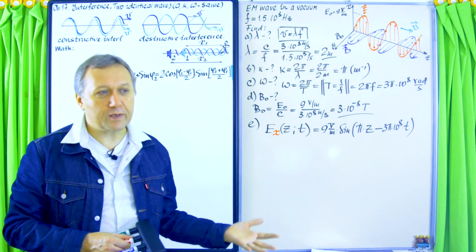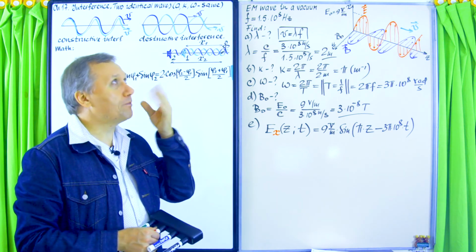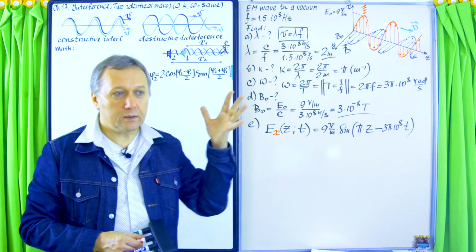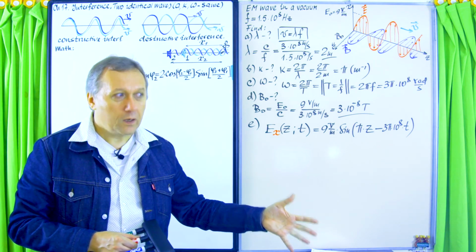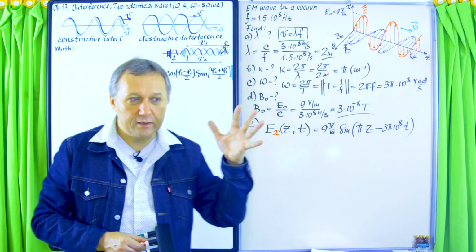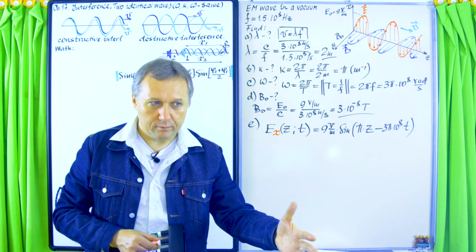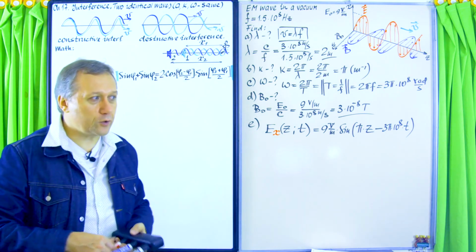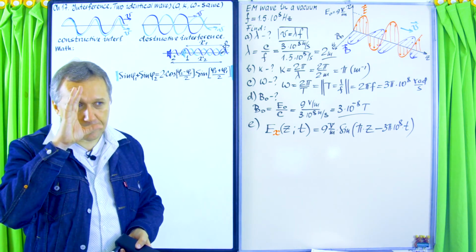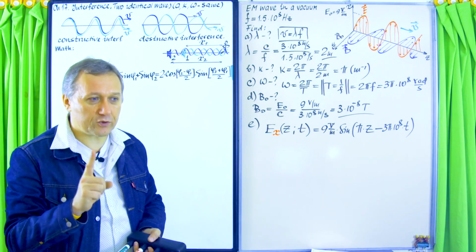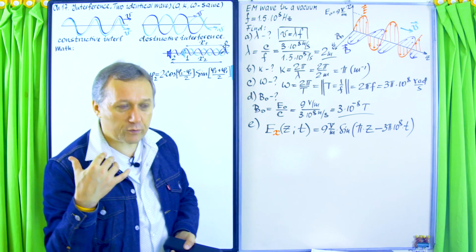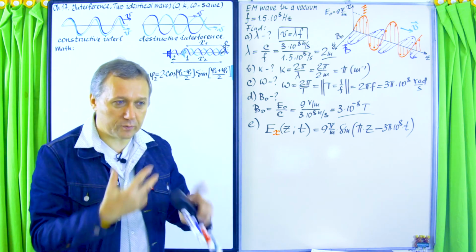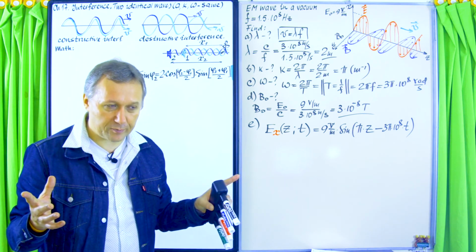For example, the problem can say the electric field oscillates in the y direction, and the wave propagates in the x direction. Then, of course, you should immediately be able to extract an additional piece of information about the direction of the magnetic field oscillations, because you remember all these three directions must be perpendicular.